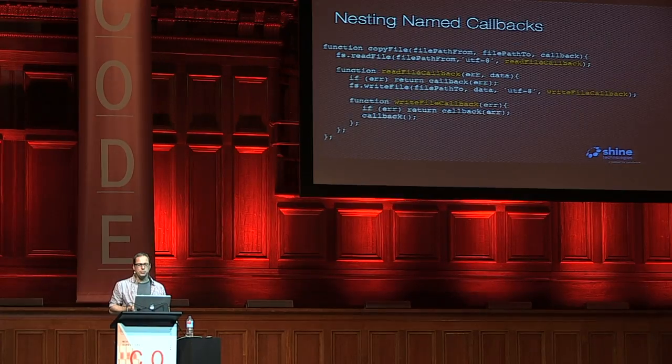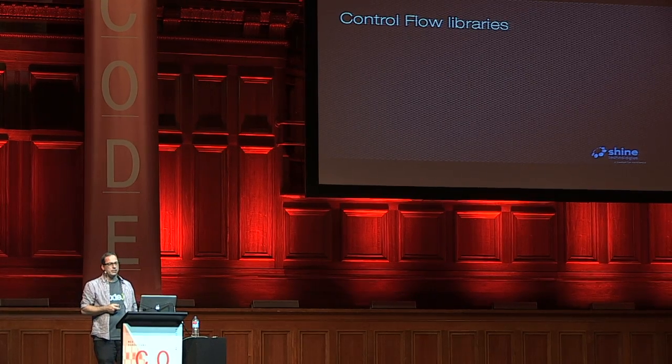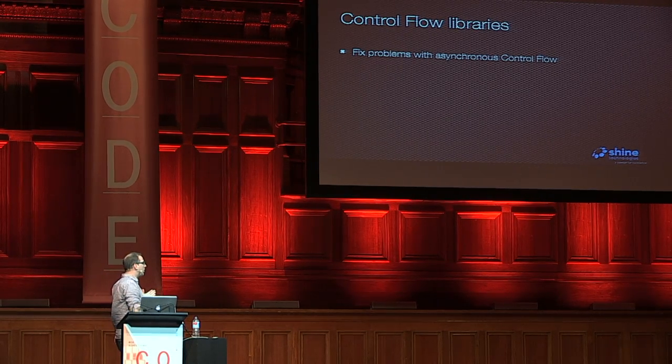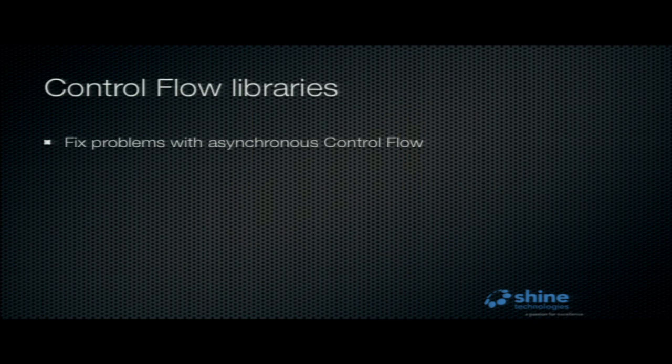Another thing that you can do is use control flow libraries. Control flow libraries fix those problems that we saw earlier: serial execution that leads to nesting, and parallel execution that needs that stop criteria. Really, when people start with asynchronous programming, the control flow is the first thing that they want to fix.